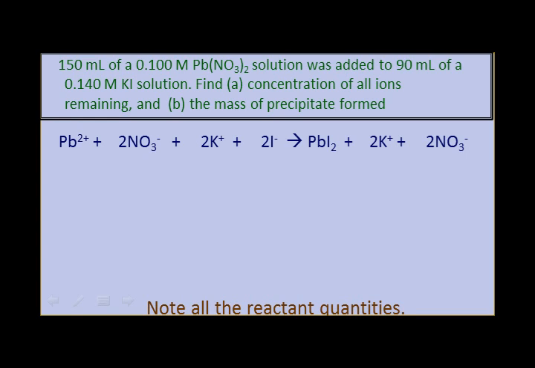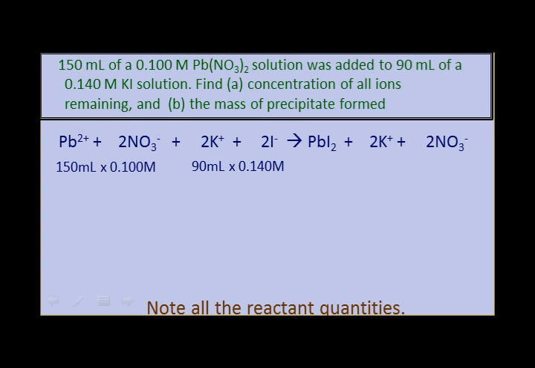Let's start by noting all of the quantities of materials we have. So for the lead nitrate, we have 150 milliliters of a 0.100 molar solution. And for the potassium iodide, we have 90 milliliters of a 0.14 molar solution.